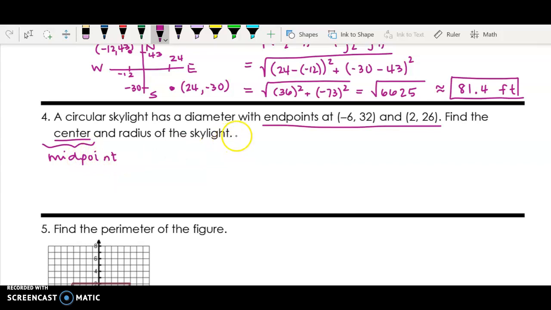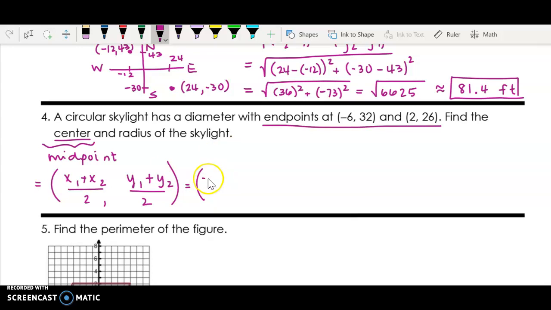So we'll substitute these ordered pairs into the midpoint formula. The midpoint formula is (x1 plus x2) divided by 2, and (y1 plus y2) divided by 2. We're just taking the average for the x's and the average for the y's.